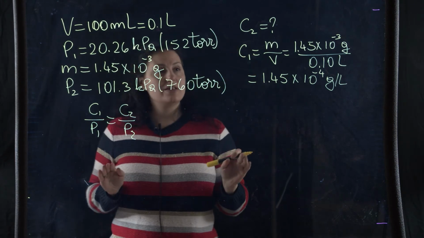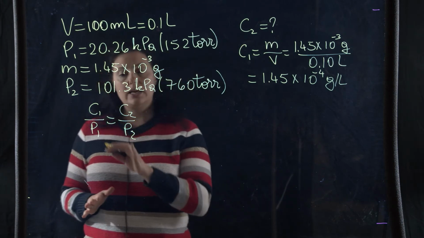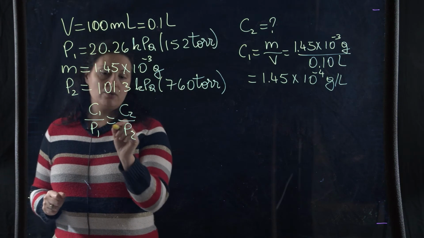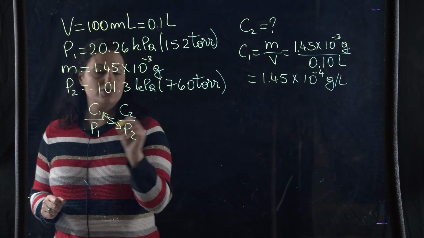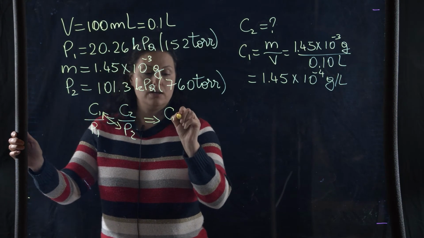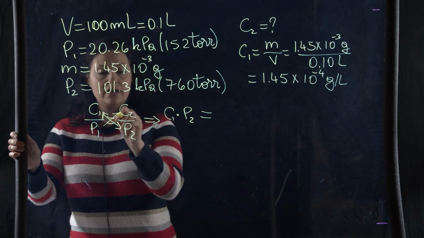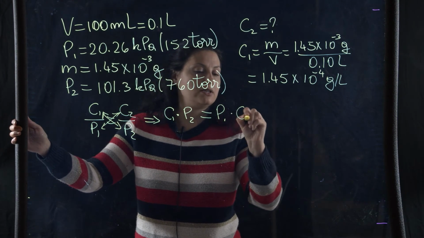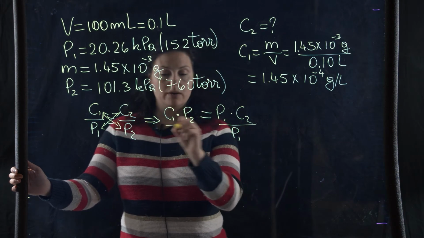Now I have everything I need to find my second concentration. Once again, just like in that previous problem, we cross multiply and set the products equal to each other. This is my first cross multiplication. I have C1 times P2, and I set those equal to my second cross multiplication, which is P1 times C2. To isolate C2, I divide by P1 on both sides.